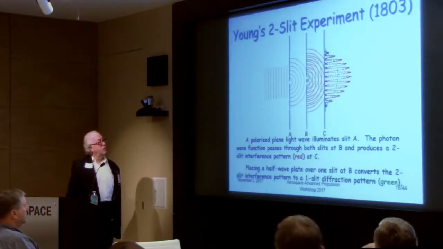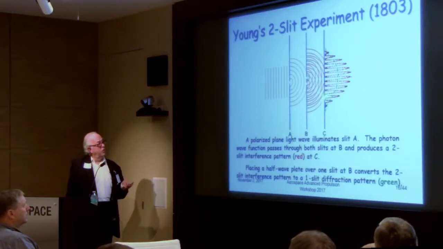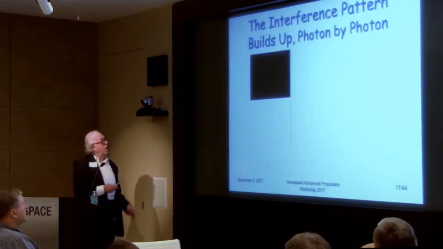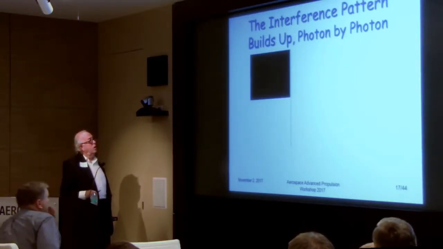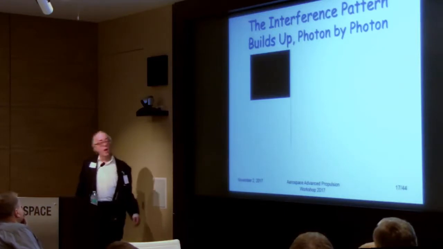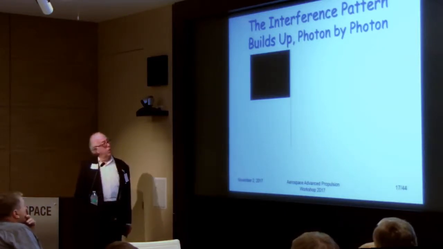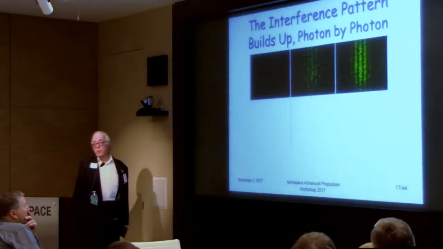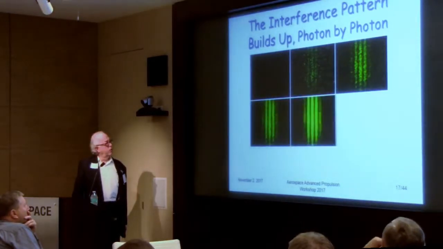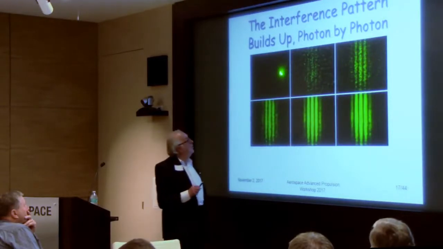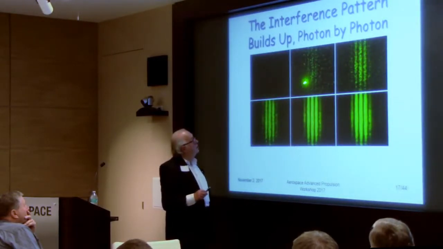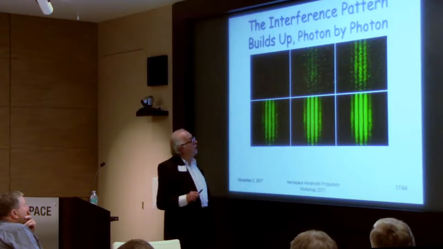Another aspect of this is that if you watch this interference pattern building up photon by photon, these days it's fairly easy to do, you can put a detector here which can detect single photons, and you can watch as progressively the interference pattern builds up with more and more photons. And what you see is that even though individual photons are coming through and being detected on the screen, together they form the interference pattern.